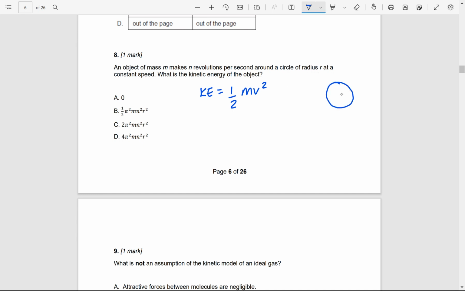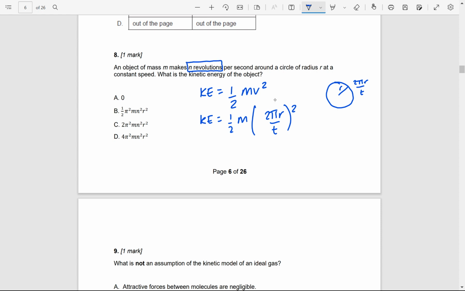So if we have a circle and it has a radius r, we know that the distance covered is 2 pi r divided by the time to give it a speed. So KE equals half m multiplied by 2 pi r over t, squared.